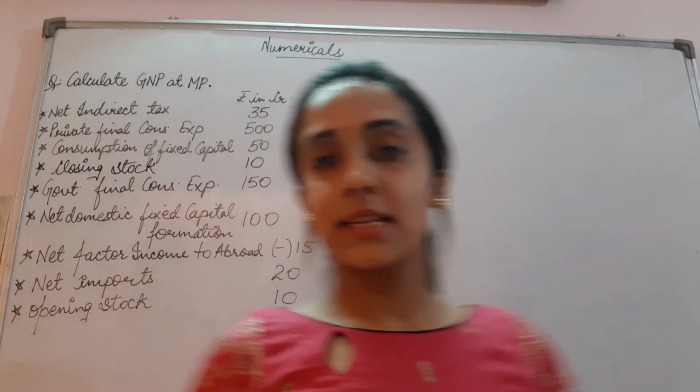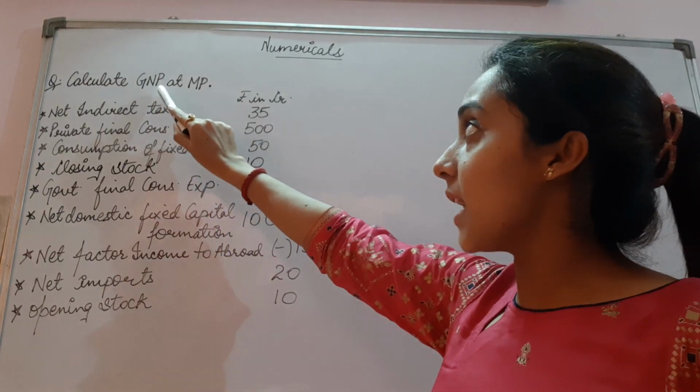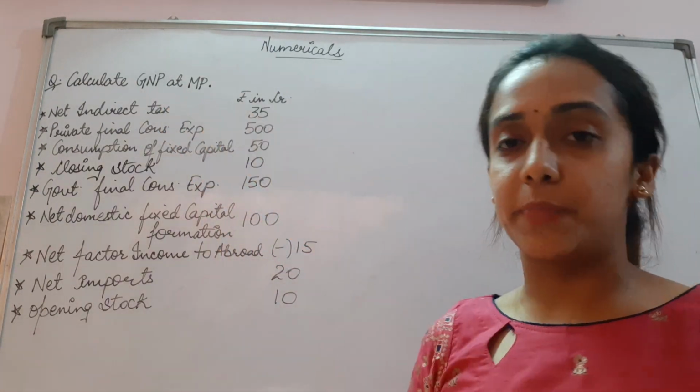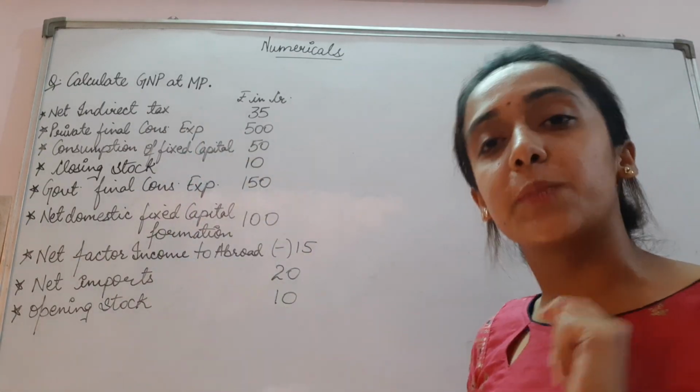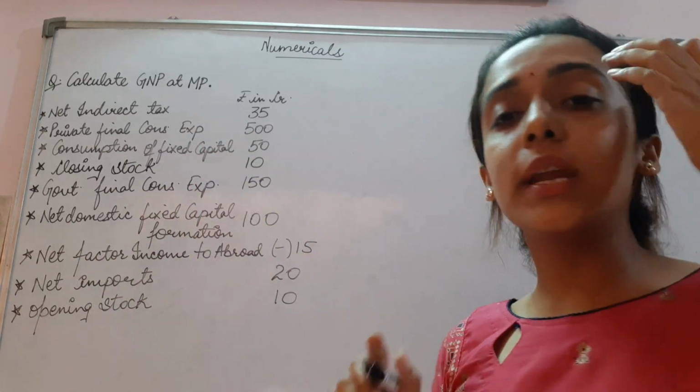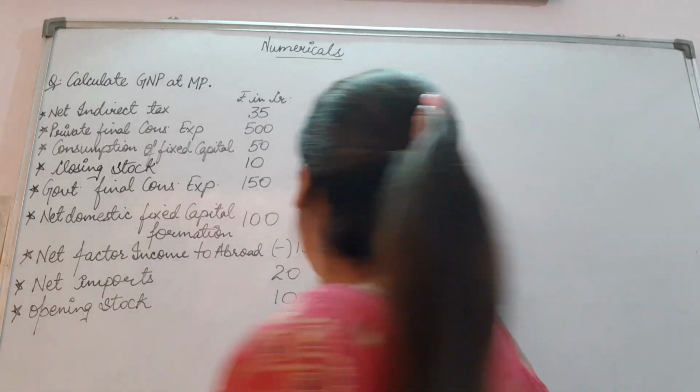Next question is to calculate GNP at MP. We are given the particulars of the expenditure method only. So in the expenditure method, what do we calculate?